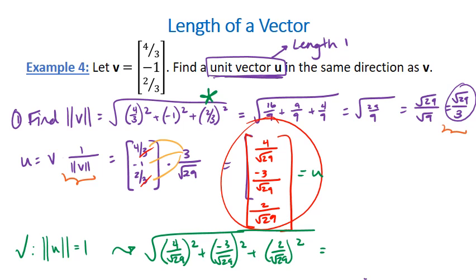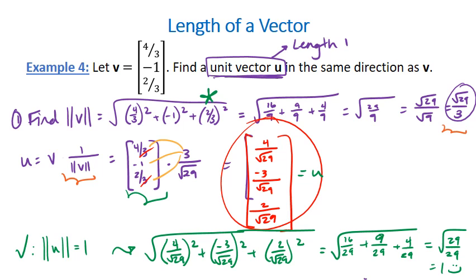This results in the square root of 16 29ths plus 9 29ths plus 4 29ths. This equals the square root of 29 29ths, which is the square root of 1, which is 1. So that verifies that this vector is indeed a unit vector because it has length 1. We know it's in the same direction as v because we used v here.